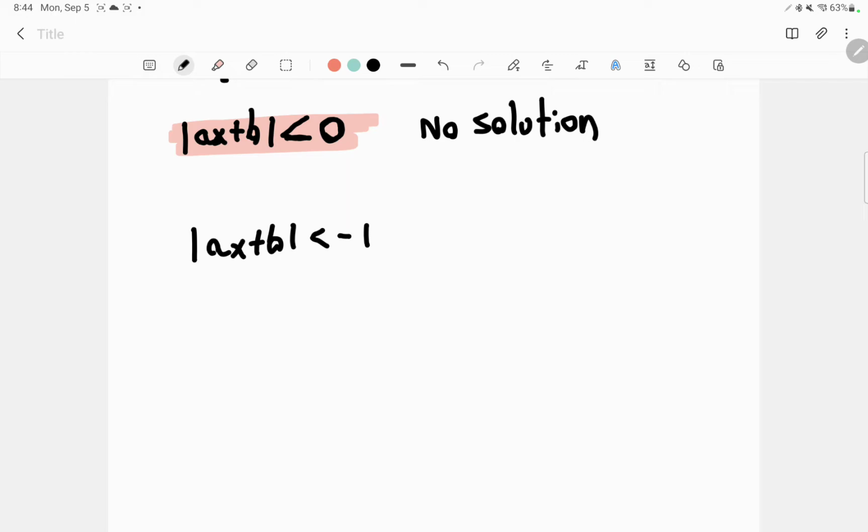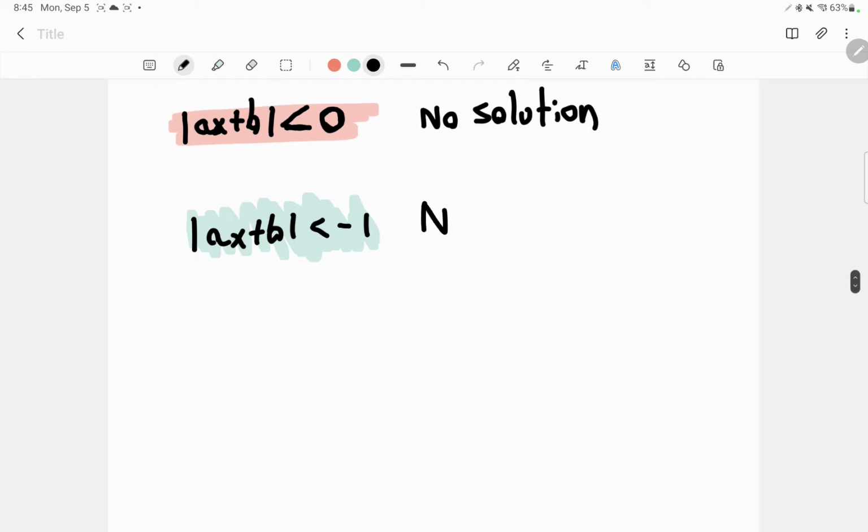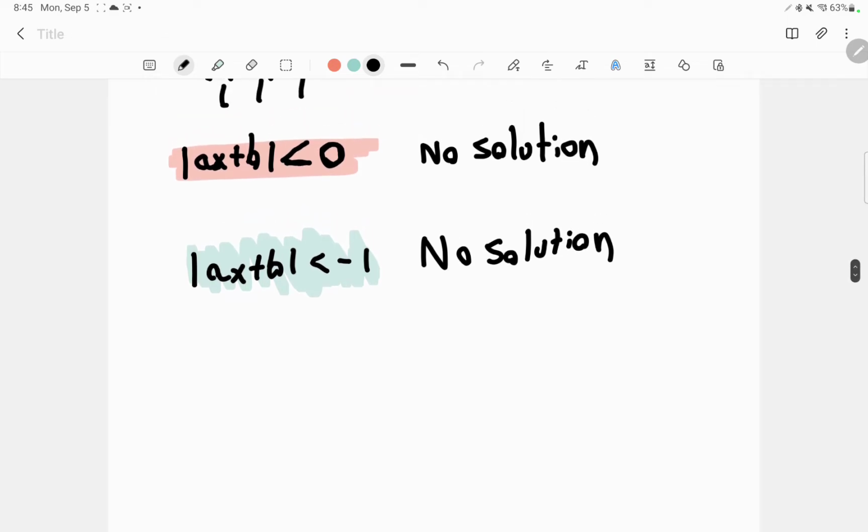And also, if your equation looks like the bottom one, in which you have a negative number in front, your answer is also going to be no solution. So whenever we're working on them, if you see those two scenarios, then your answer is going to be no solution. But remember, it has to be less than, and it has to be 0 and -1. You need to have an n compound inequality.